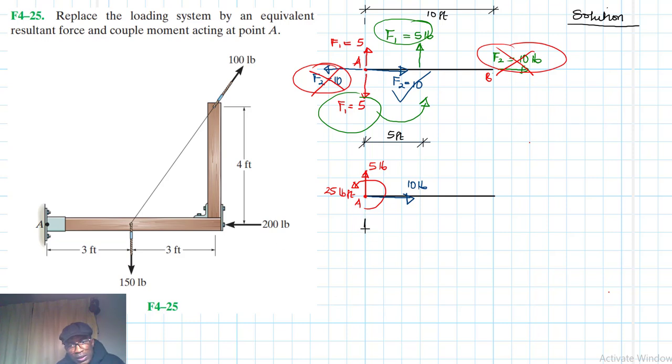So when we've done this, then it means we have worked out the problem, right? We've worked out the problem. So we have 5 feet, we have 10 feet.